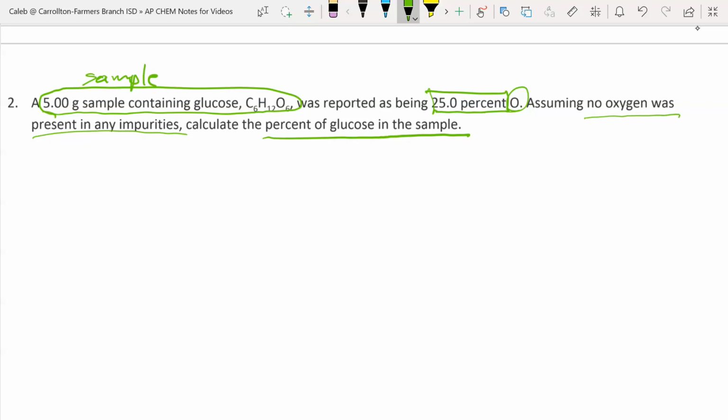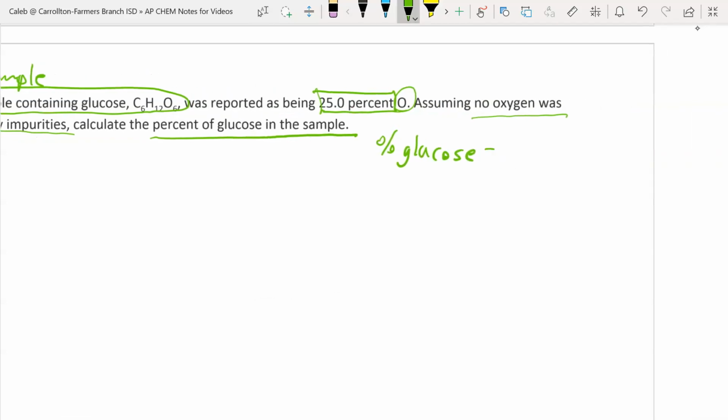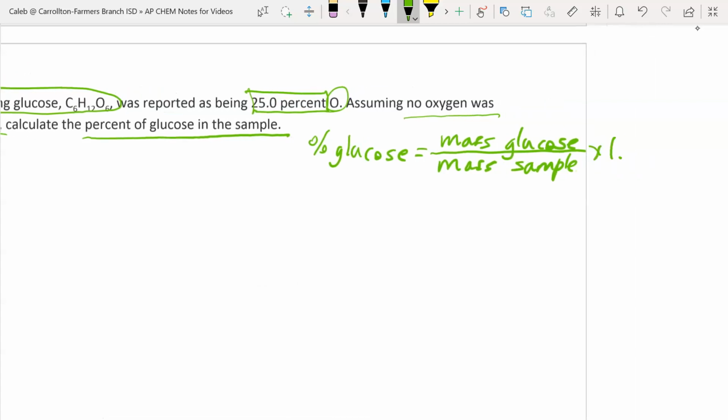Now, if we want to know the percent glucose, then what we need to know is the mass of glucose over the mass of the sample, and then we need to multiply by 100.